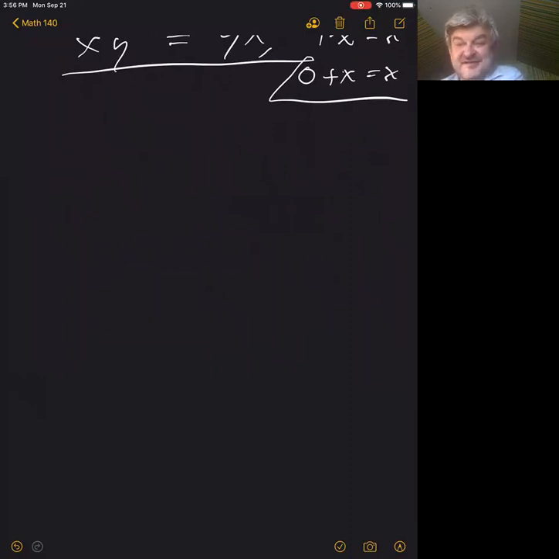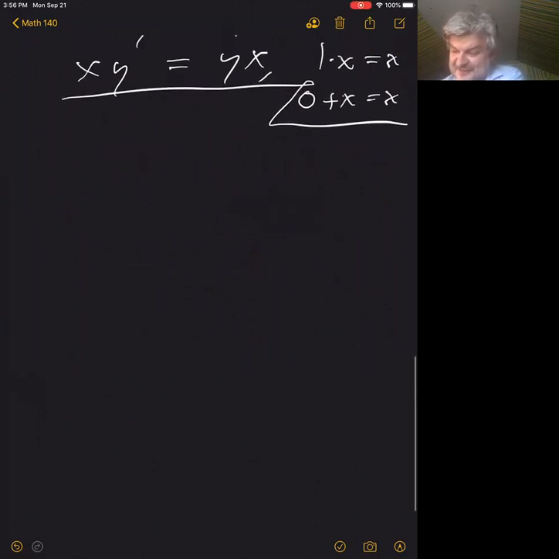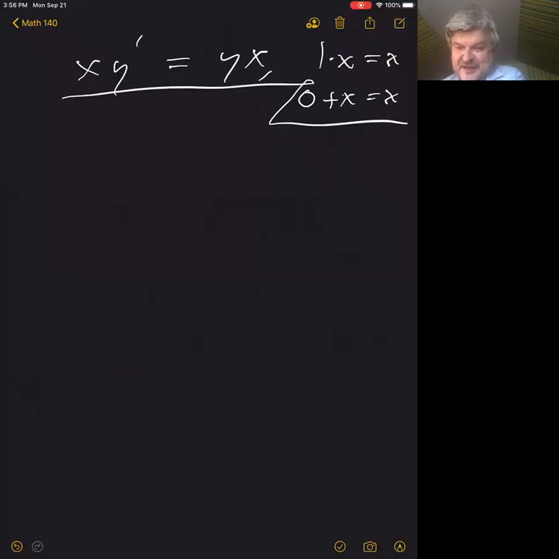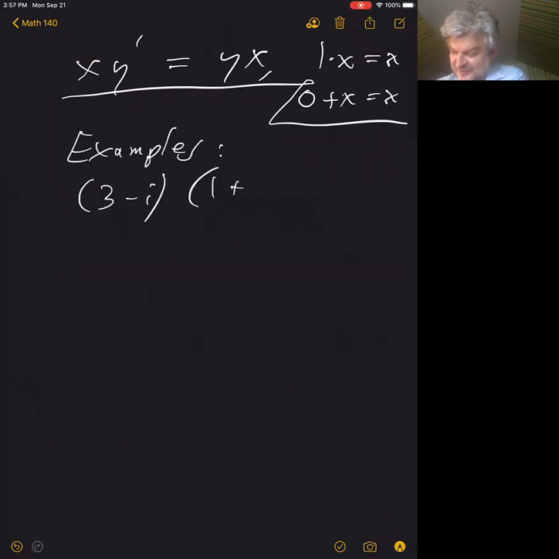Just like I did that example with this R at the beginning, you just have this I now, and you can add it. I see from Alex that a lot of you have already done that, so I'm gonna go right in with multiplying. 3 minus I times 1 plus 4i.